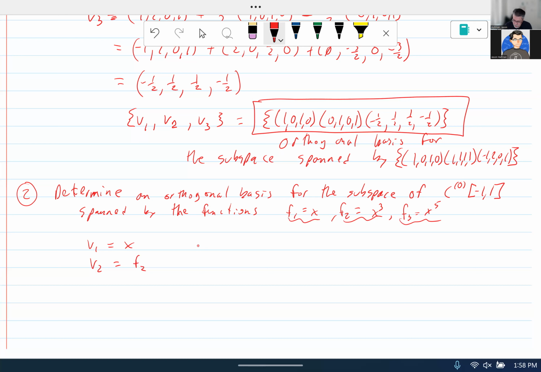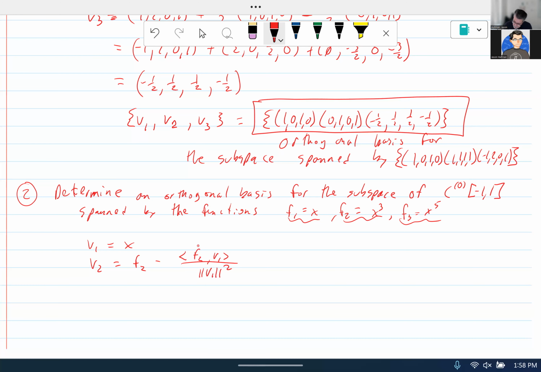So f2 minus the inner product of f2 and v1 over the magnitude of v1 squared.